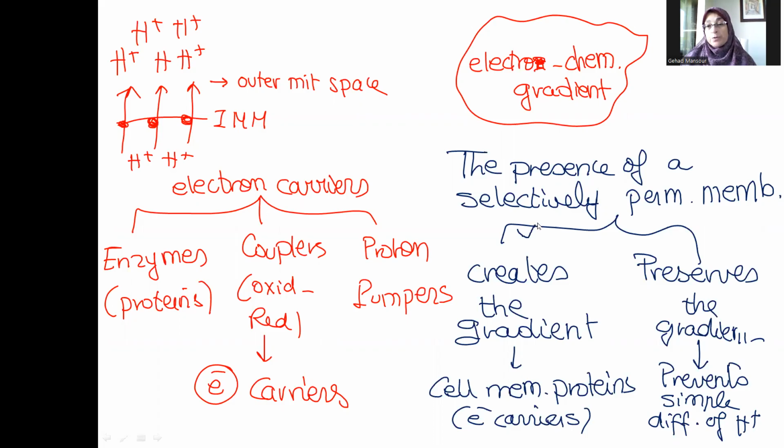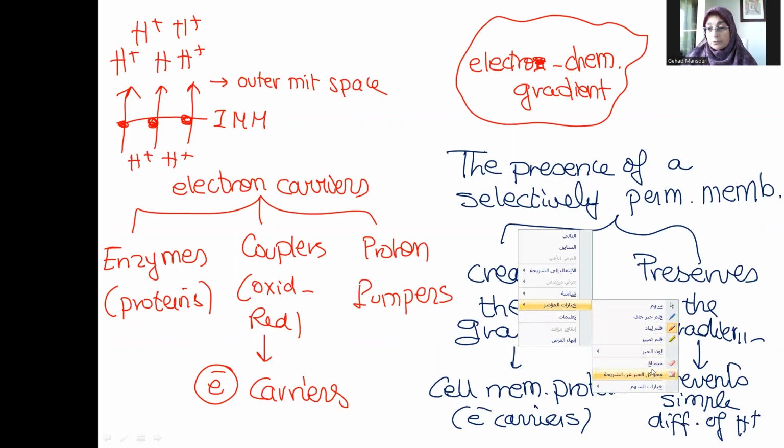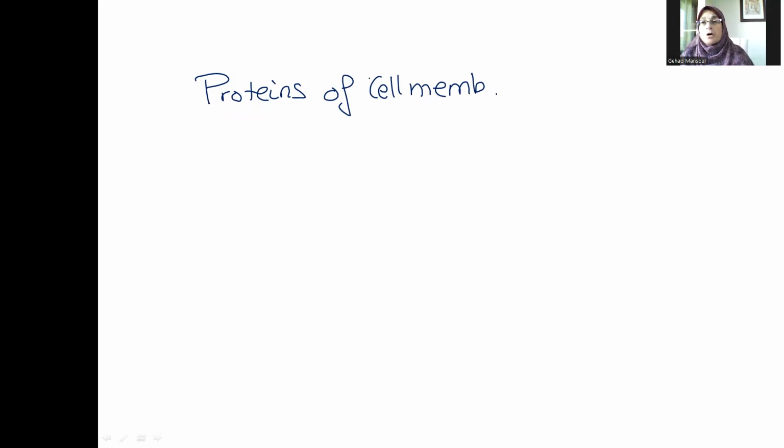The other important thing to know is that you sometimes have a wrap-up question like, for example, proteins of the cell membrane, or cell membrane proteins. So don't forget to add this previous piece of information to your talk about the selective permeability of the membrane.